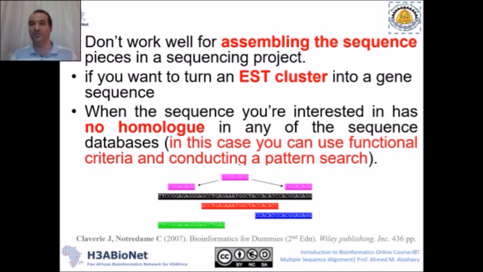This is also very difficult. So in the last case, where you cannot find a homologue for your sequence, you can of course use some functional criteria and conduct a pattern search using some other programs, and we will see some examples in the coming slides.